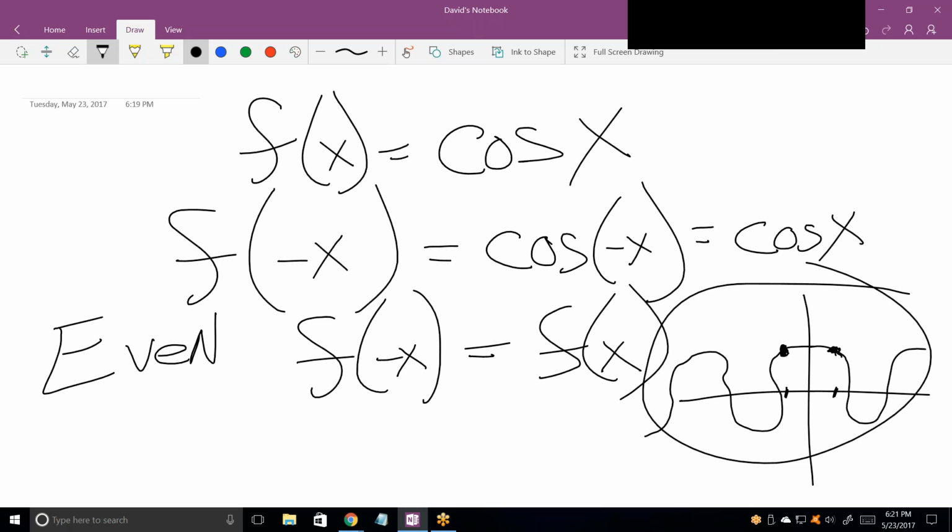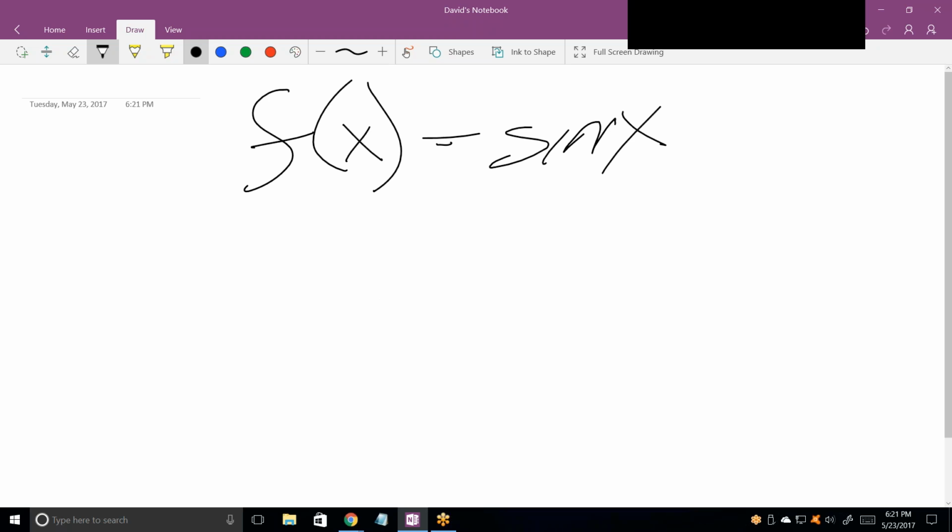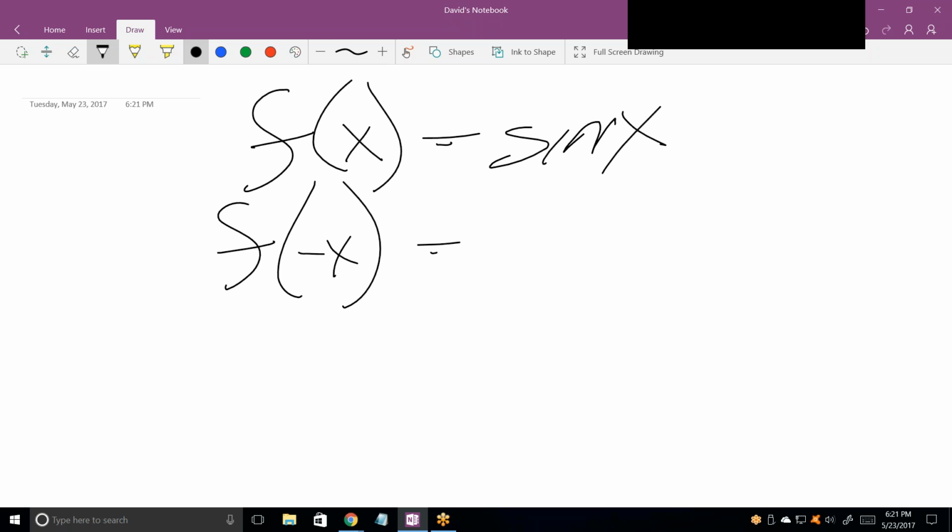Now let's talk about this function. First step. What is f of minus x? Now, what's sine of minus x equal to? Think again, fourth quadrant.